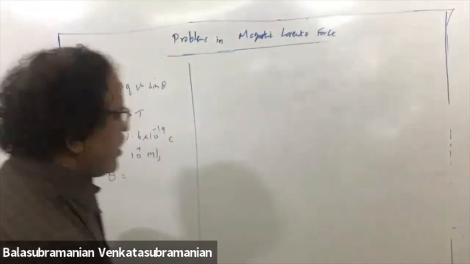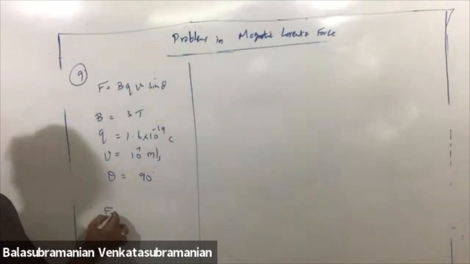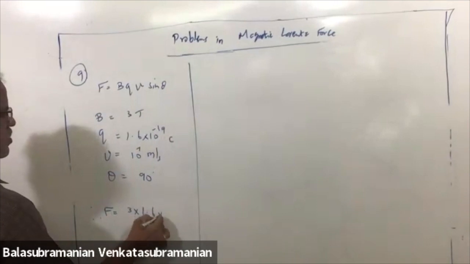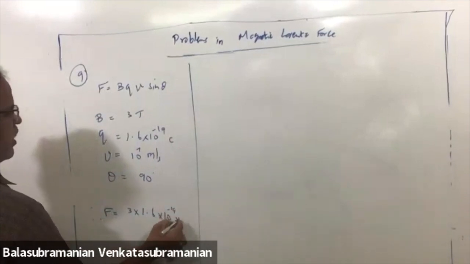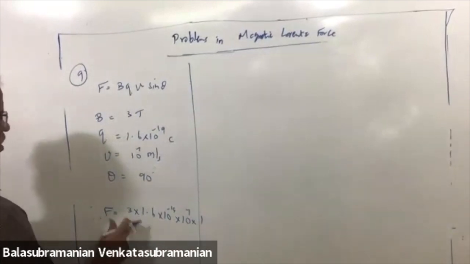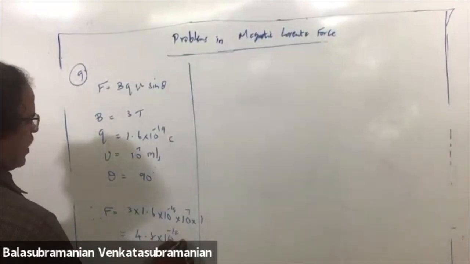Theta, moving perpendicular, 90. Therefore F is equal to 3 into 1.6 into 10 power minus 19 into 10 power 7 into 1, which is 4.8 into 10 power minus 12 Newton.